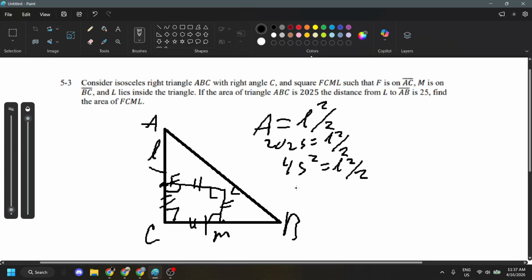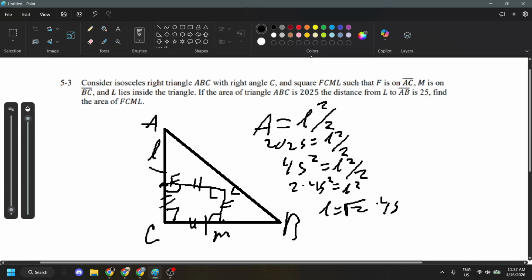So 2 times 45 squared is equal to L squared. So L is going to be equal to square root of 2 times 45. So then that means that this is 90, I think. I think it's just times square root of 2.